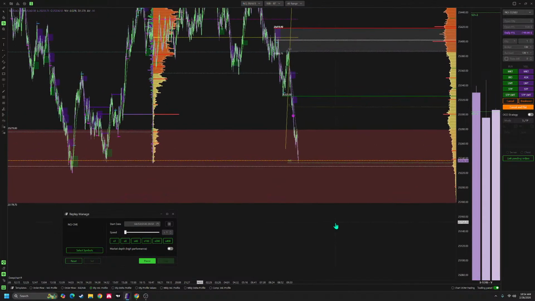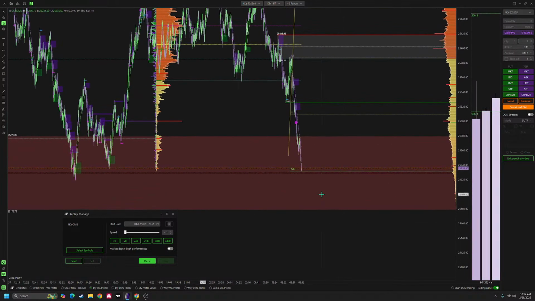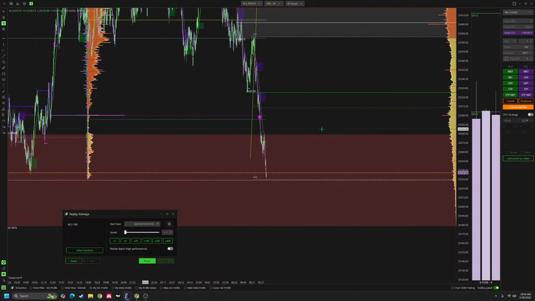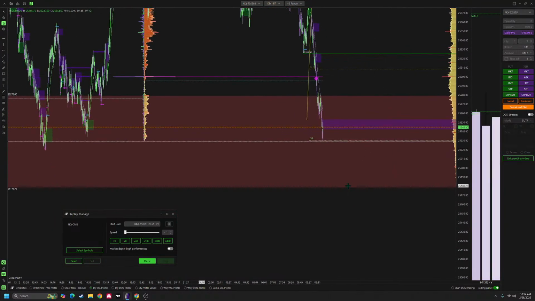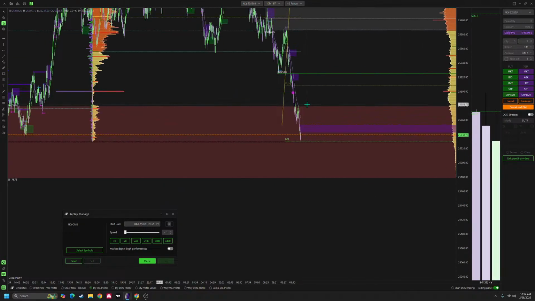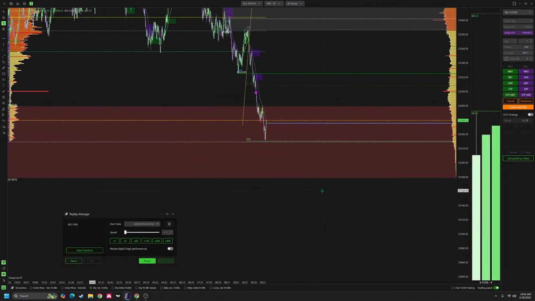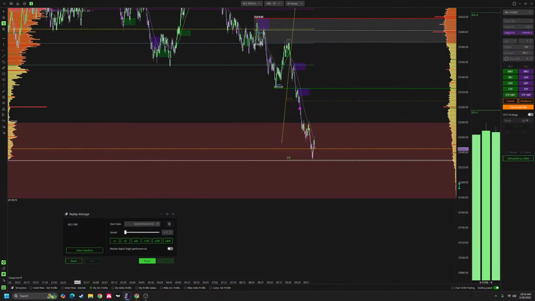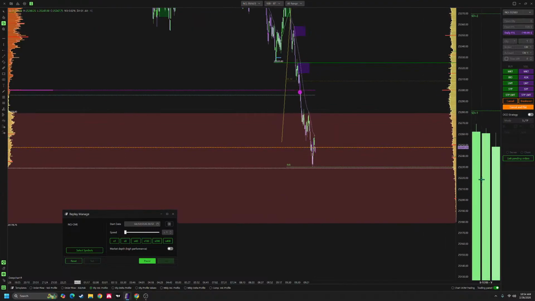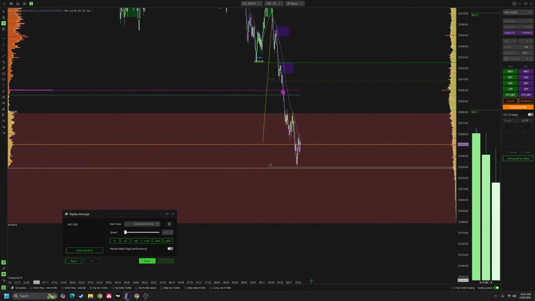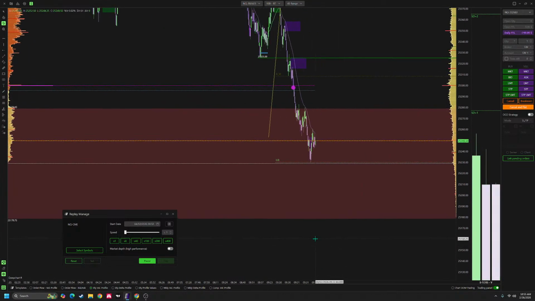A lot of times, well, I don't have it marked out the way I normally have it marked out, but I could see a reaction back up to the top of this red area once we hit around 50-70% of this zone. Looks like a lot of buying effort is happening. We're still only 3 minutes into the session.